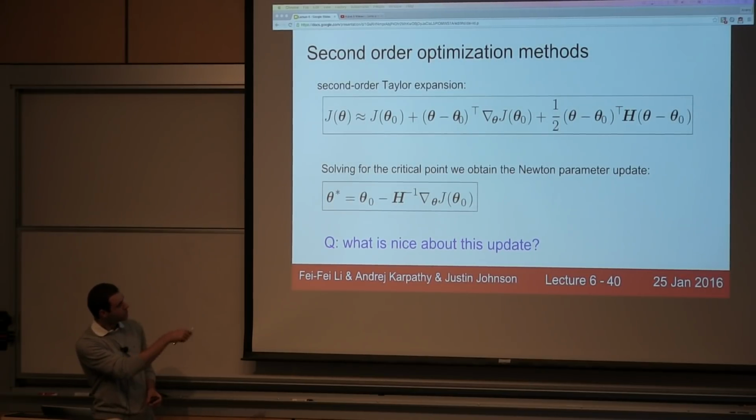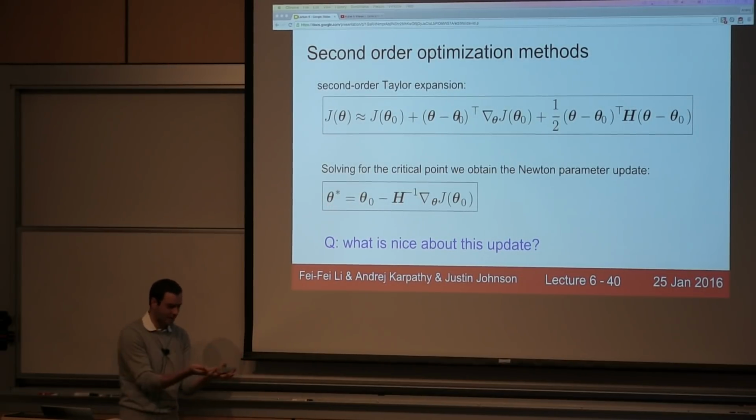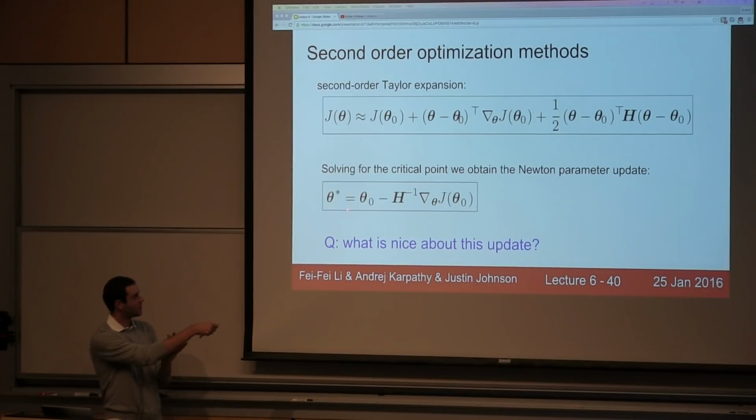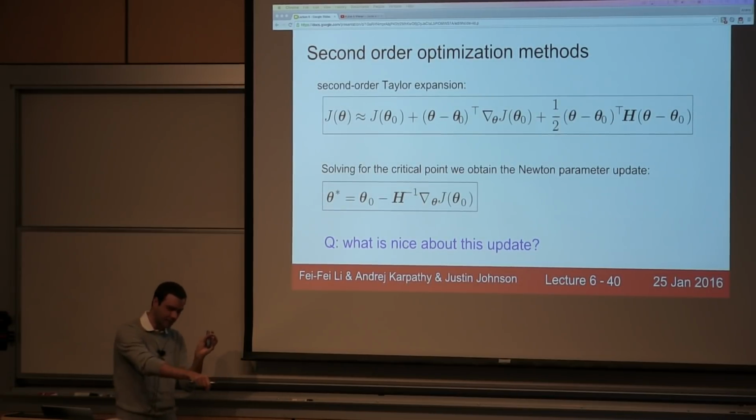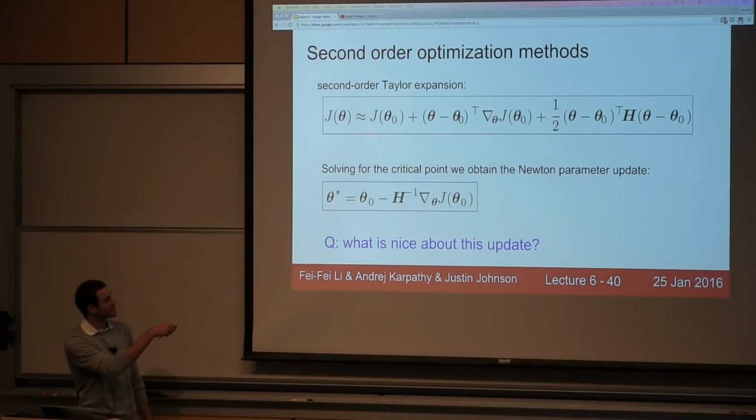And you may have seen a Newton method, say for example in 229. So in Newton method, it's basically giving you an update that once you've formed your bowl-like Hessian approximation to your objective, you can use this update to jump directly to the minimum of that approximation, and then you iterate the scheme. So what's nice about second order methods?